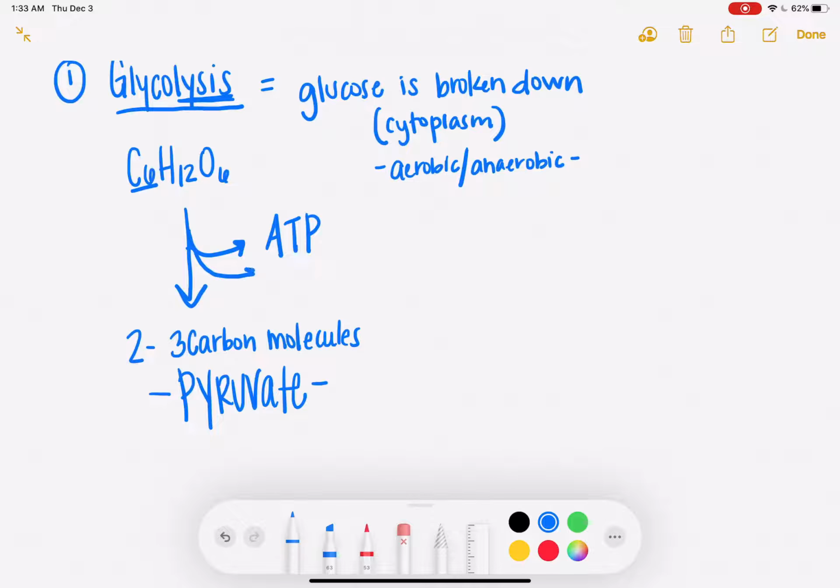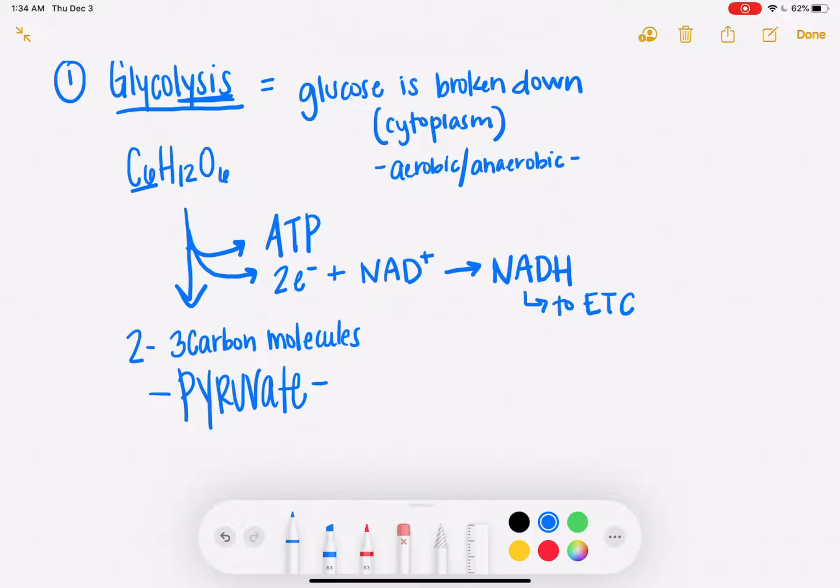So we've got 2 electrons that are going to be picked up by our electron carrier, NAD+, and once it picks them up, it's going to be formed into NADH, which is going to take them to the electron transport chain. And that's step 1. That's what happens in glycolysis. Glucose is broken down into 2 molecules of pyruvate. ATP is released as energy for the cell.